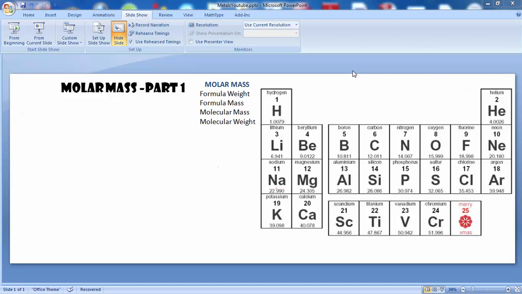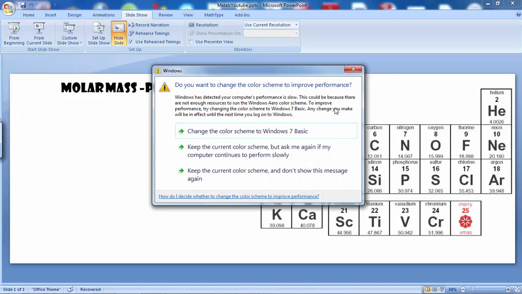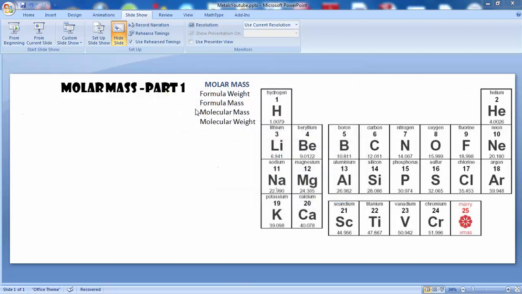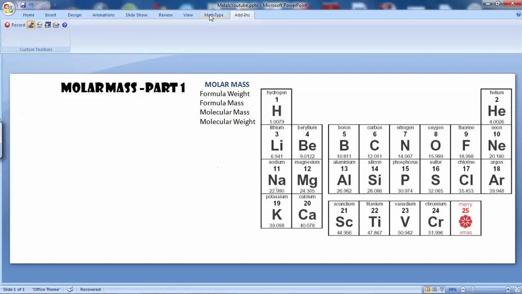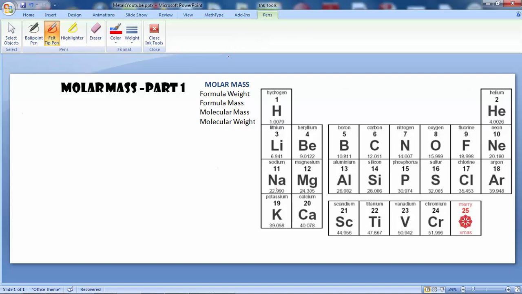Now, at this point, we want to keep the terminology pretty simple, in that molar mass is essentially the same thing as formula weight, formula mass, molecular mass, and molecular weight.